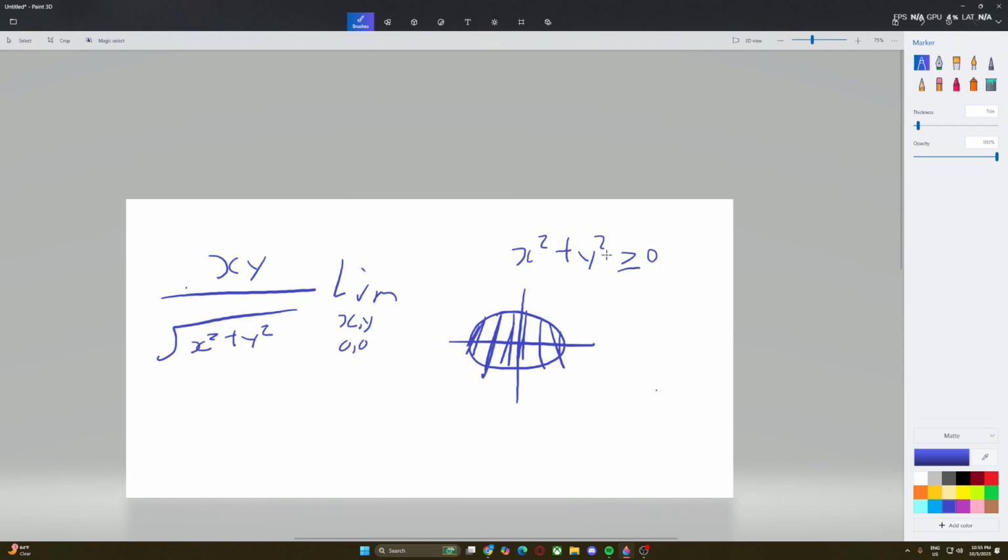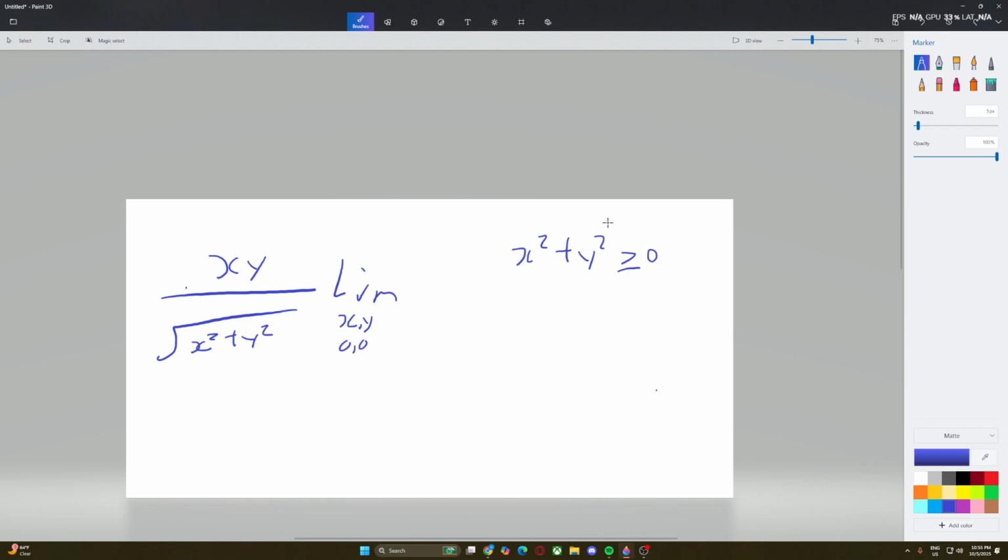There's no negatives. You can't have a negative, because of the two squared terms. So it's any value inside the circle, which obviously is greater than or equal to 0.